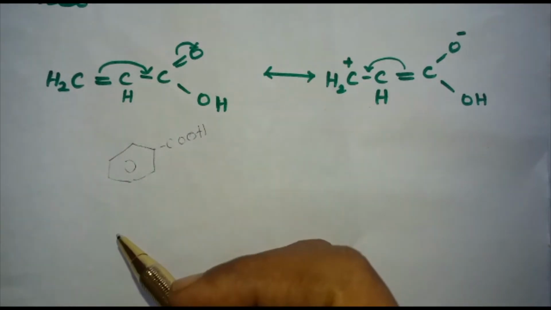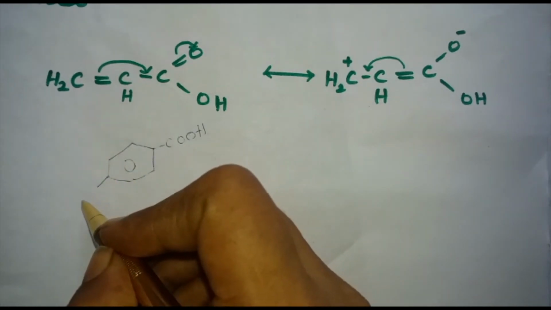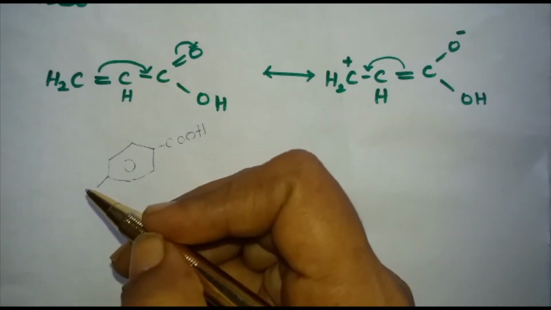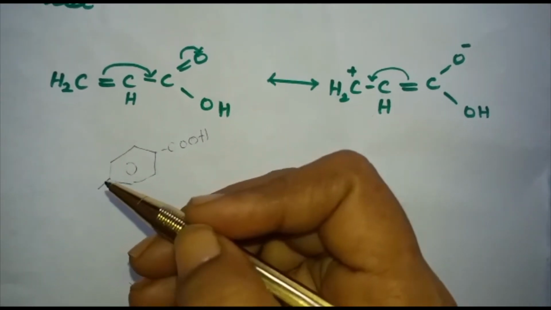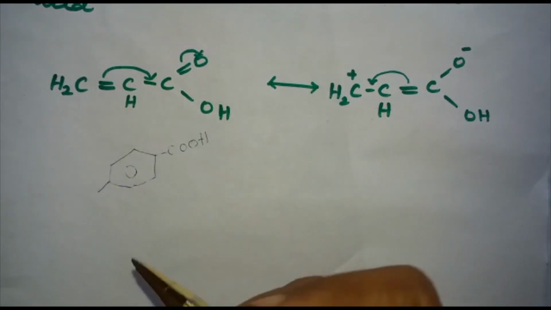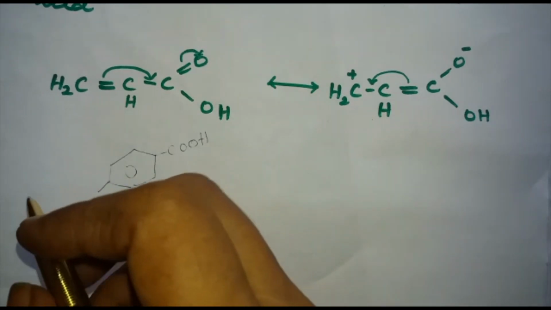If we have electron donating groups and electron withdrawing groups, what will happen? The presence of an electron withdrawing group on the phenyl of an aromatic carboxylic acid increases its acidity.